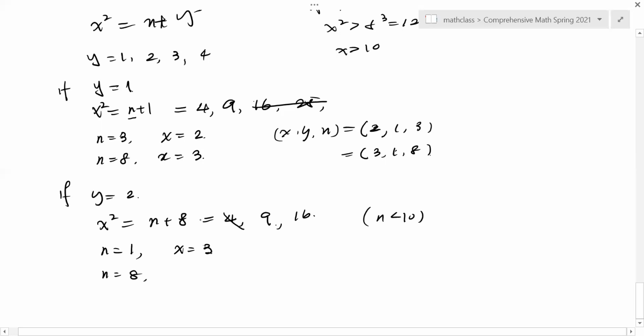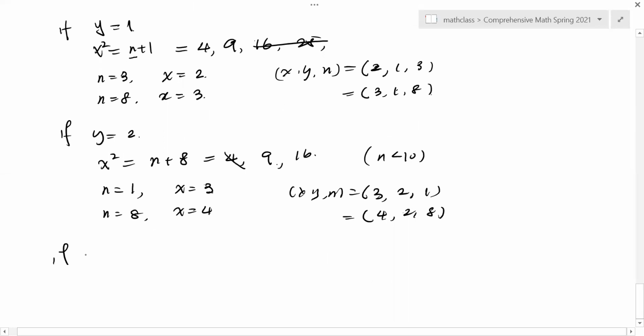When n equals 8, then x is going to be 4. So you get two sets of solutions: 3, 2, and 1, and another set, 4, 2, and 8.